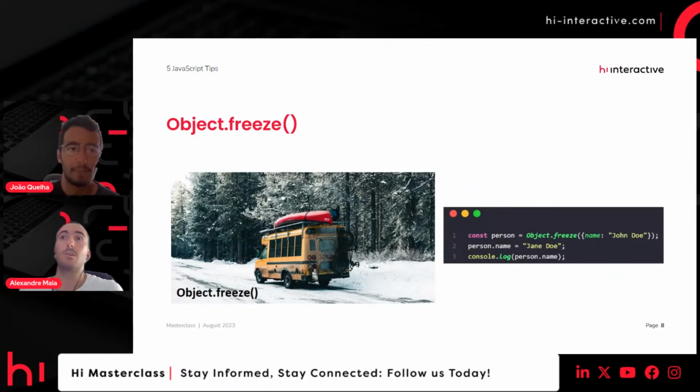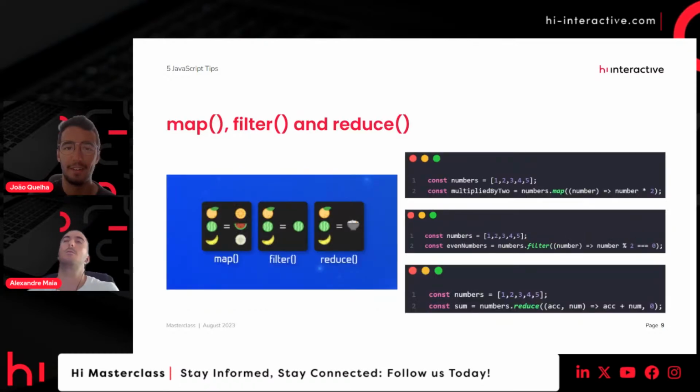Like I said, personally, I have never used it, but I discovered it and I thought this is a good one to include in our presentation because it can be useful in some very specific scenarios, I believe.